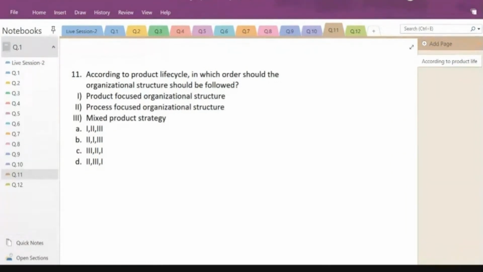As we know, in a product life cycle, there are four stages: entry stage, growth stage, entry stage. The screen is visible, right?